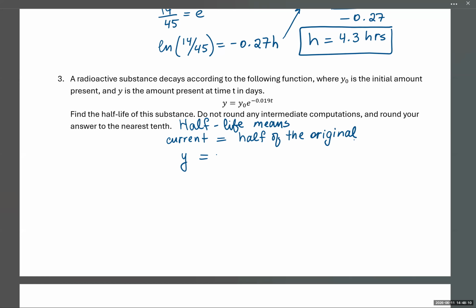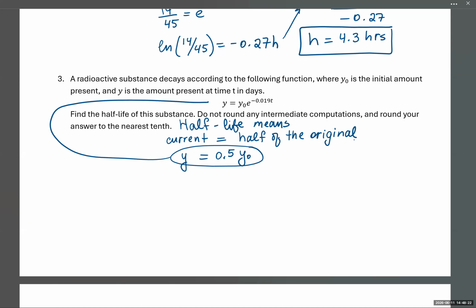So the current amount y equals 0.5, half of the original amount y naught. So now knowing this, we can plug that into this formula right here and calculate the half-life. So instead of y, I'm going to plug in 0.5 y naught equals y naught e to the negative 0.019t. Now we can divide by y naught on both sides.